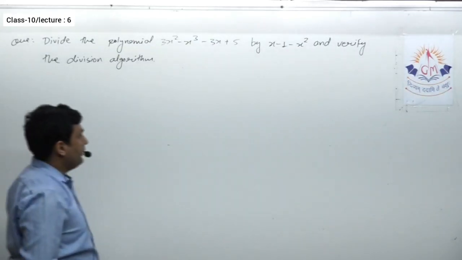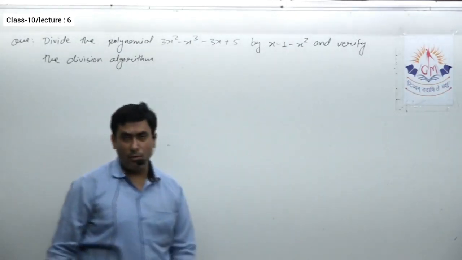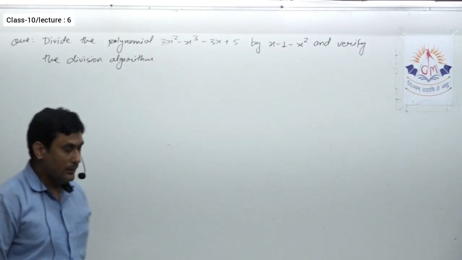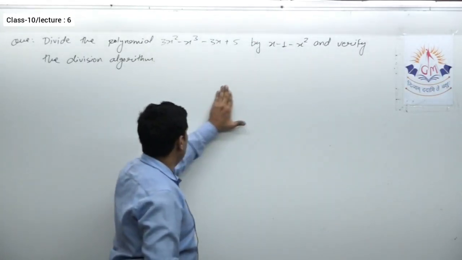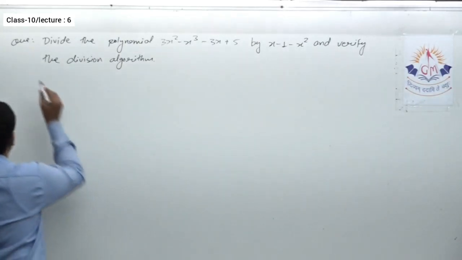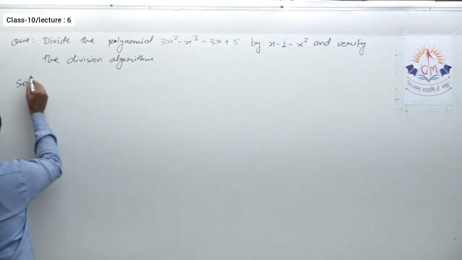Okay, so here we have to divide this polynomial by this, which is almost similar to what we saw in the previous sum, but here we have to do one more thing: verify the division algorithm. So let us see how to solve.